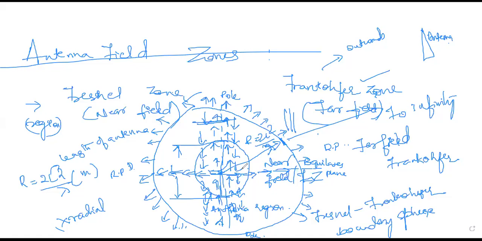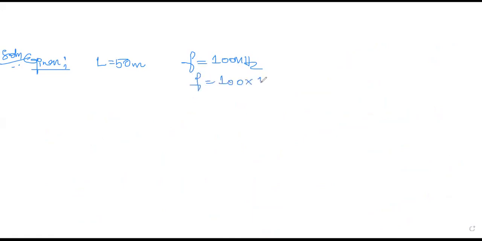Write the question. A directional antenna has a maximum electrical dimension of 50 meter, and its operating frequency is 100 megahertz.